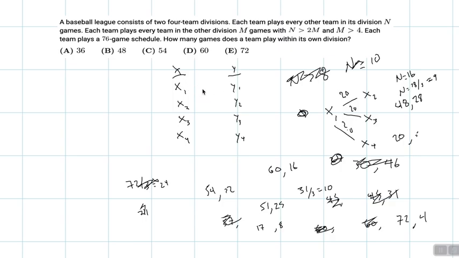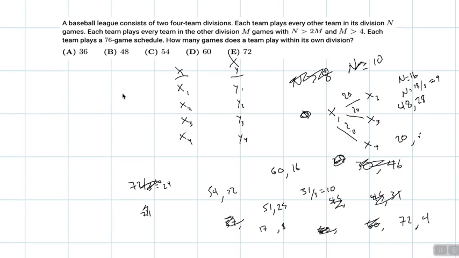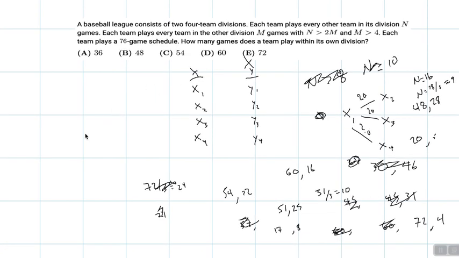Oh, I see what was going on here. This number just has to be divisible by 4. I see. Not divisible by 3, divisible by 4. Different realizations through this problem, but it's not going to be 72.